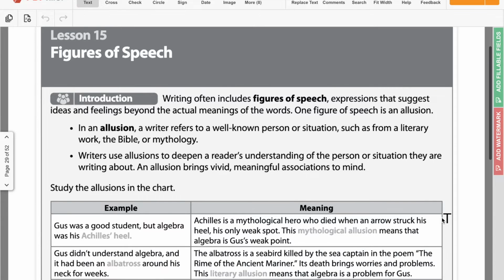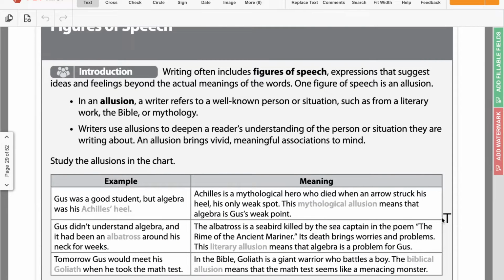So one figure of speech is an allusion. So in an allusion, which is what we're going to be looking at today, a writer refers to a well-known person or situation, such as from a literary work, the Bible, or mythology. So when we think of mythology, you can think back to when we were reading Percy Jackson. You guys read that with Mr. A, and then I was there a little bit at the end when you were reading it.